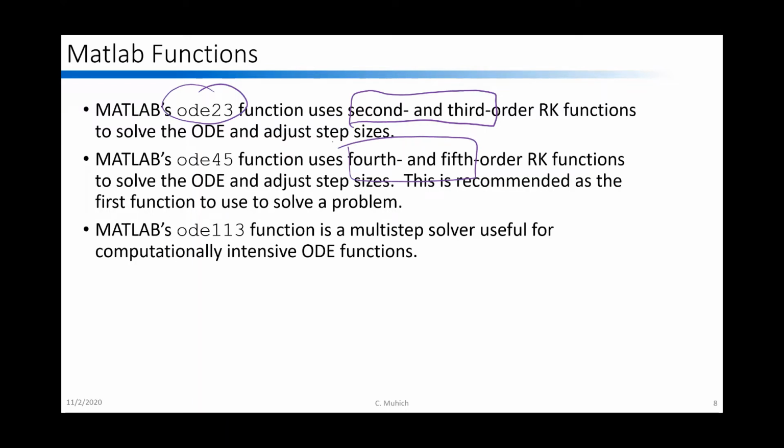Both are using adjustable step sizes. In general, this ODE45 is the way that we want to at least start out our approach. This is that nice balance of speed and accuracy.